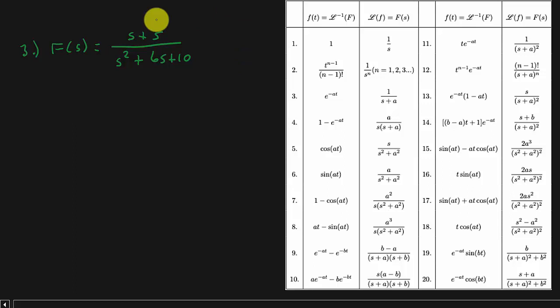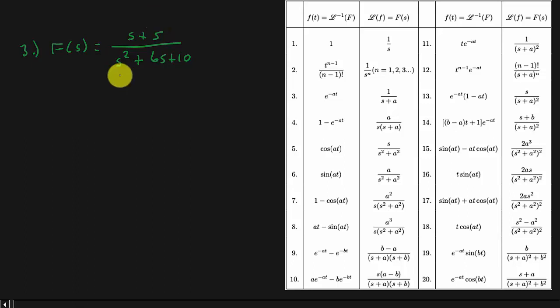It doesn't match anything, and I would say most of the time that's probably going to be the case. You're not going to find an exact match. Now, I'm not saying you're never going to, but a lot of times you're going to have to rewrite these things, and this is one of those times.